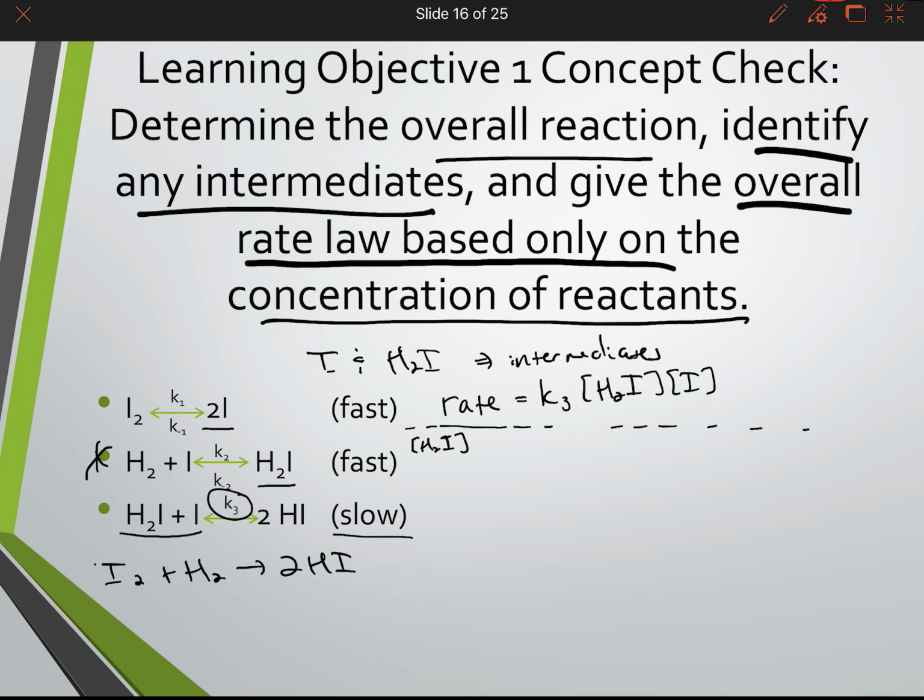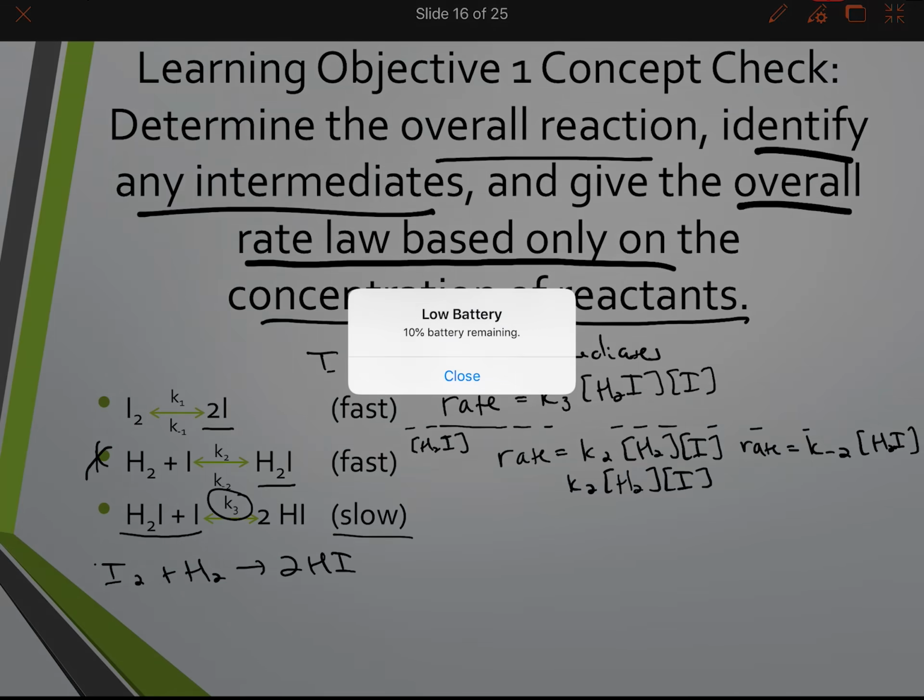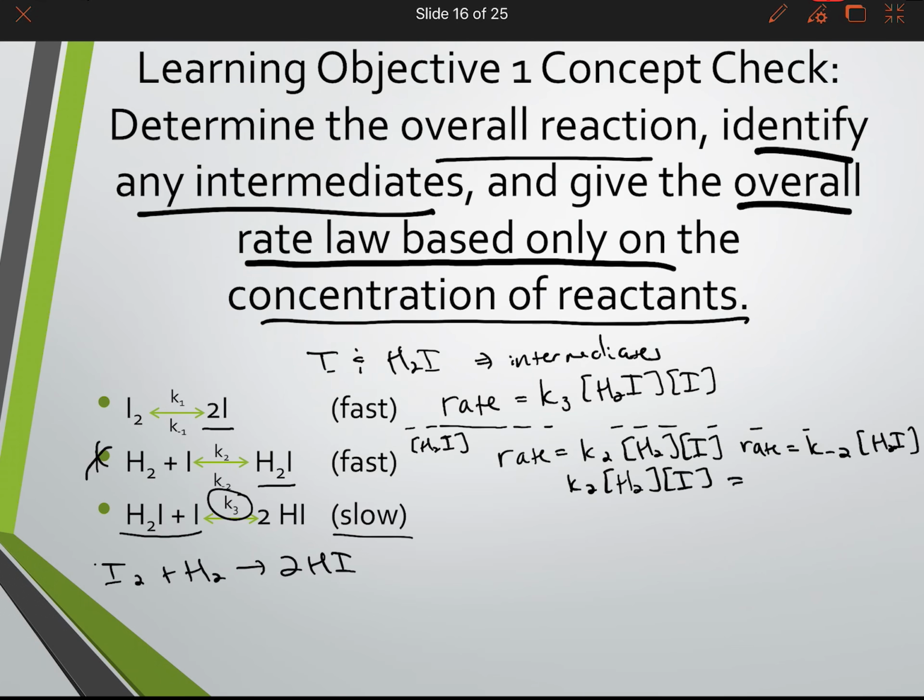So we'd say that rate is equal to k2 [H2] times [I] concentration. And in our reverse, since we have an equilibrium process, our rate is also equal to k minus 2 [H2I]. We can then set those two rates equal to each other and we get k2 [H2][I] is equal to k minus 2 [H2I].